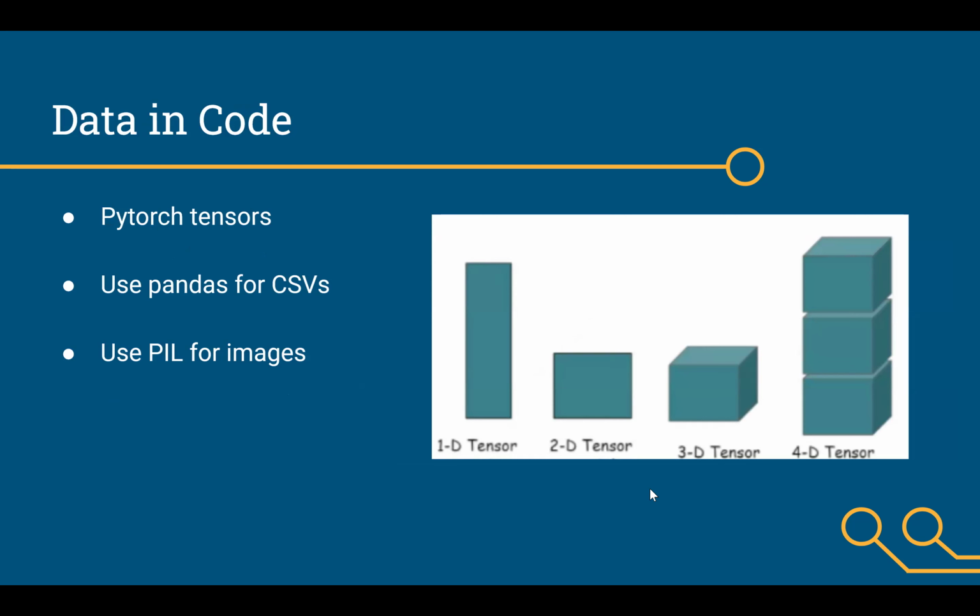All right. Once you've got it in code, you want to actually load the data. So eventually you want your data to be all numbers, because with AIs, it's all math. It's all multiplication and addition basically. So you want it turned into numbers, specifically what's called a PyTorch tensor.